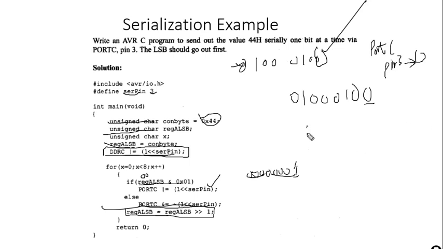After right shifting we will get 0 0 1 0 0 0 1 0.